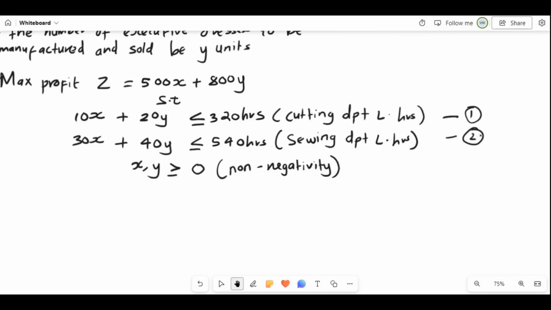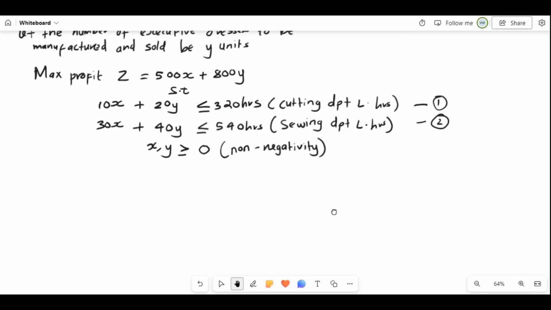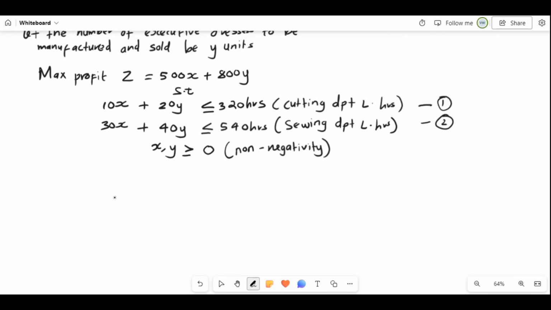But the only difference is that when you introduce the slack variables in the objective function, since the slacks do not contribute to maximization objective, they are assigned coefficients of 0 in the objective function. So that if I want to introduce the slack variables and develop a standard model, then this is how it will look like. So this is a standard model.